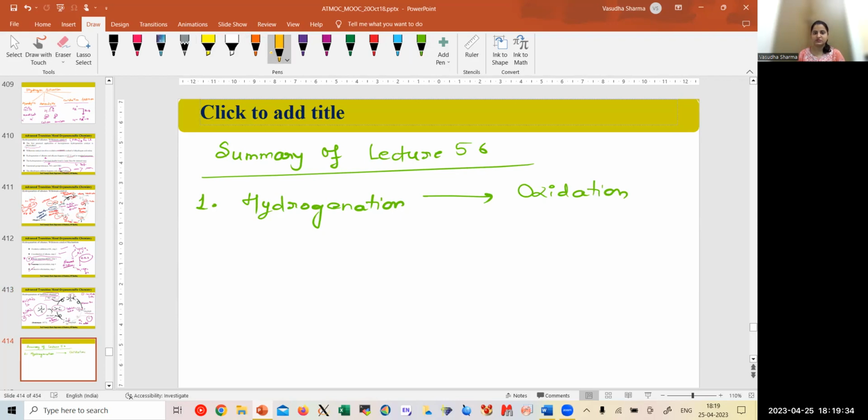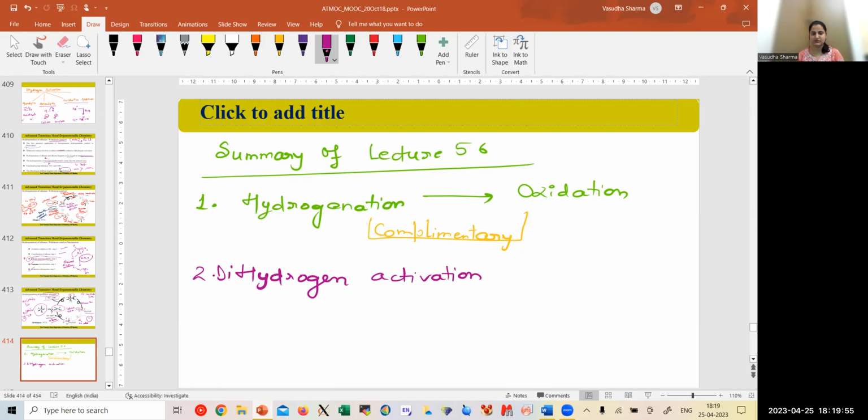So these both processes are complementary to each other. Second, we saw that for hydrogen or dihydrogen activation, we have three processes.